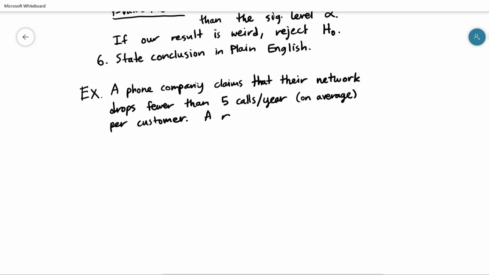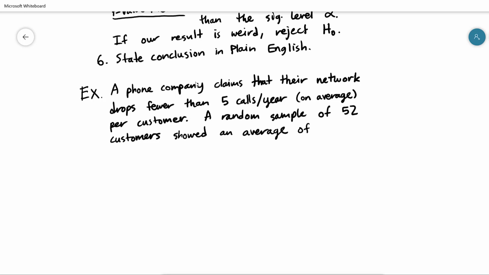A random sample of, let's say, 52 of their customers shows that they actually had an average of 5.8 dropped calls, with a standard deviation of, let's say, 2.3 dropped calls.